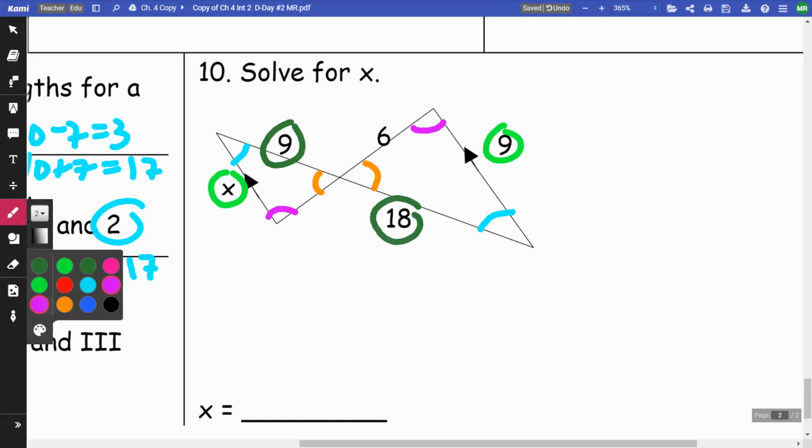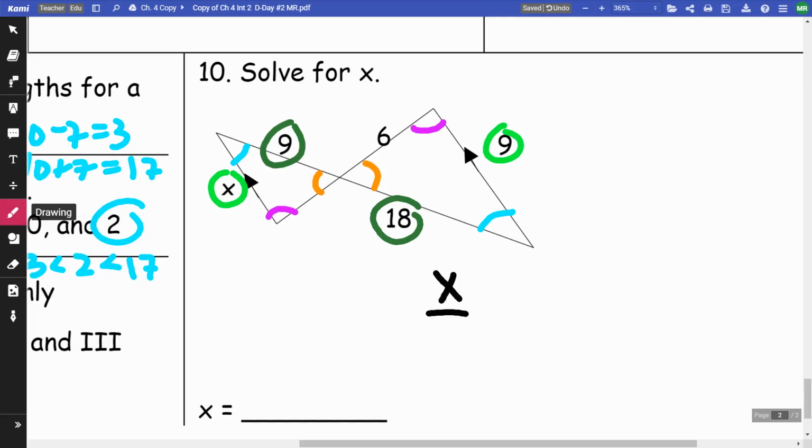So when I set up my proportion, I can say X over 9 is equal to, let me just rewrite that. X over 9 is equal to, and I'm talking right now about this X and this 9. So I am going to say 9 over 18.